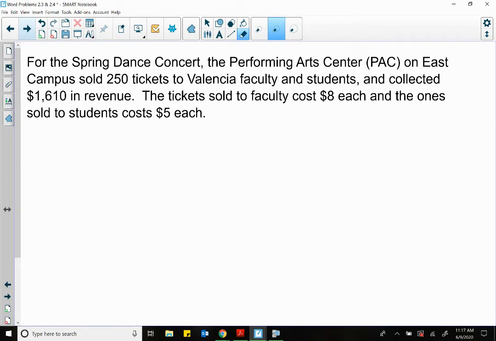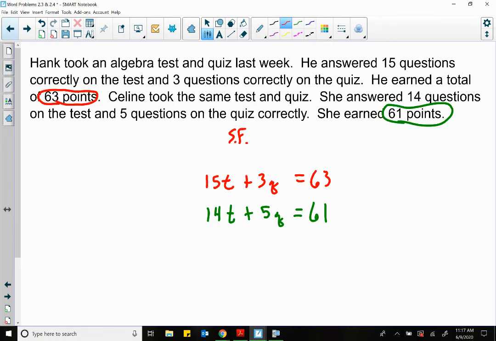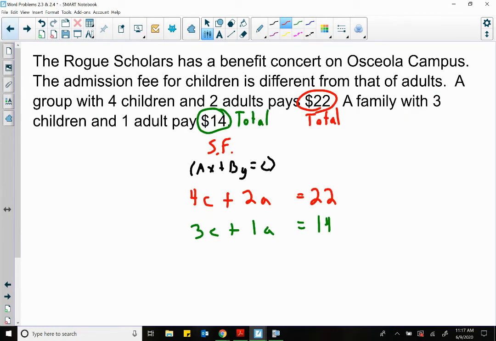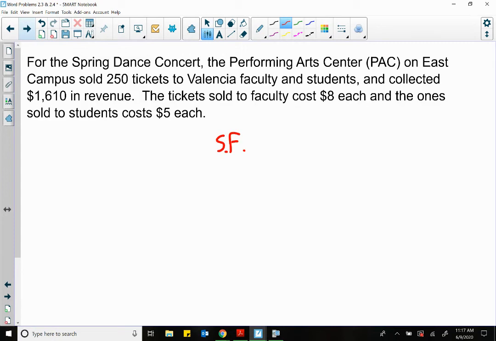Hopefully, when you were working through this, you saw this as a standard form. Okay? Just like everything else that was over here, just like the other two. These are all standard form. How do I know that? Again, I have totals. How many people came to the Performing Arts Center? 250. 250 tickets means 250 people.